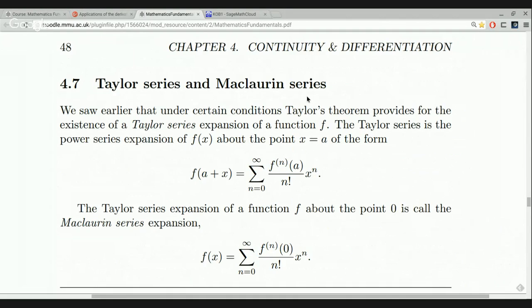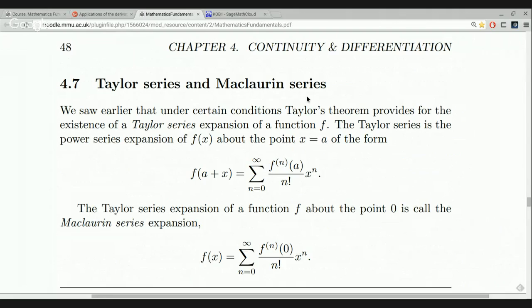So here's a situation where you've got f of a plus x, so a is some fixed point.